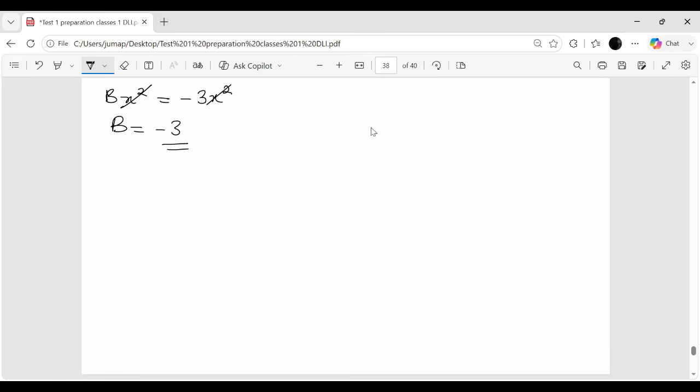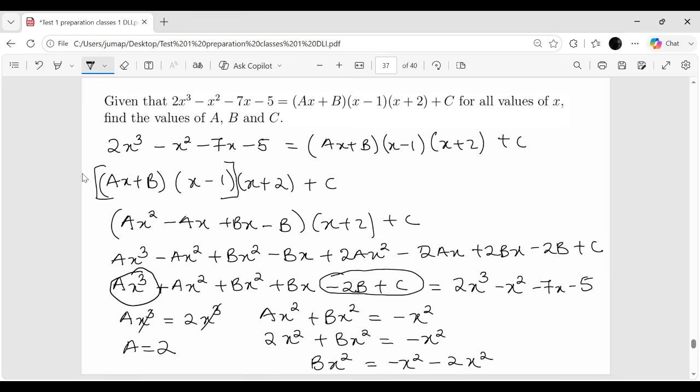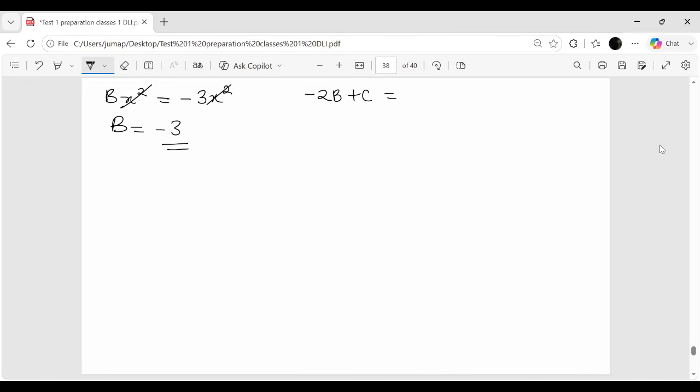So in this case, plus C is equal to what? Is equal to negative 5. Okay, the constants. So it's going to be negative 5.